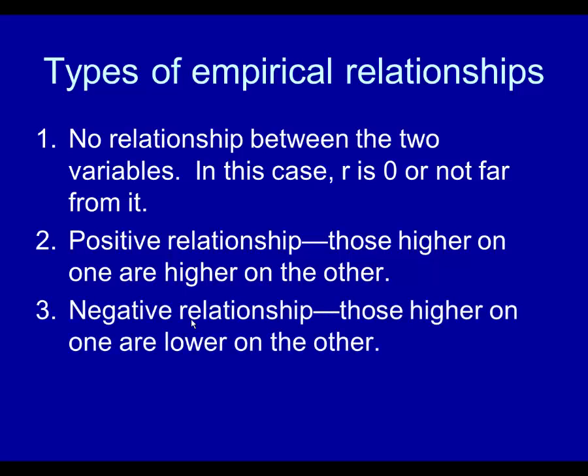Negative relationships means that those higher on one are lower on the other. You might expect, for example, that higher scores on depression would be related to lower scores on, say, grades in school or something of that nature.